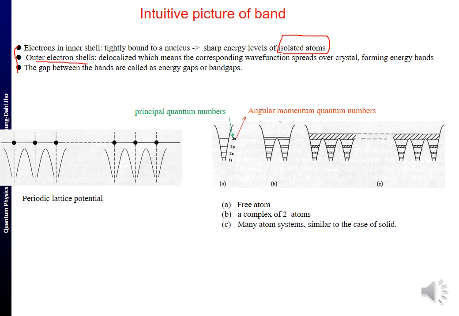Outer electron shells hold what we often call valence electrons. Surely this is not related to the valence band. It is a different concept.